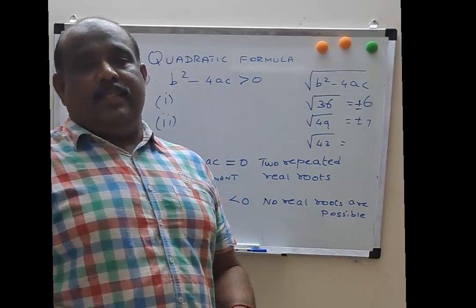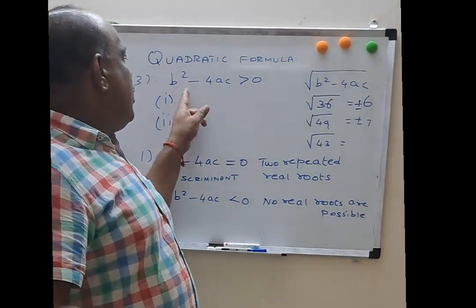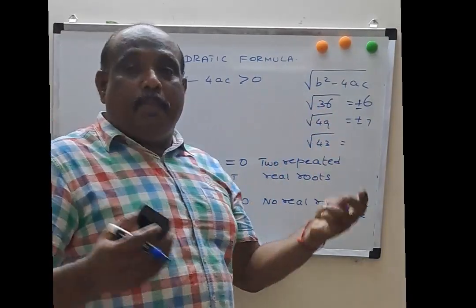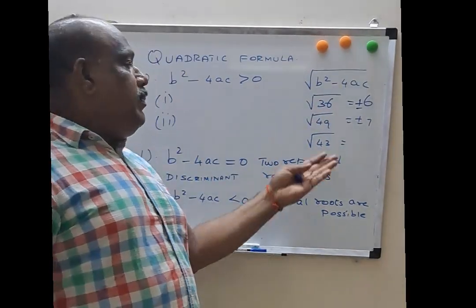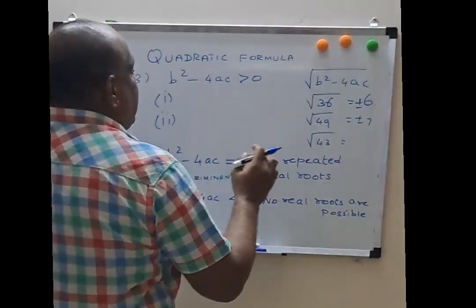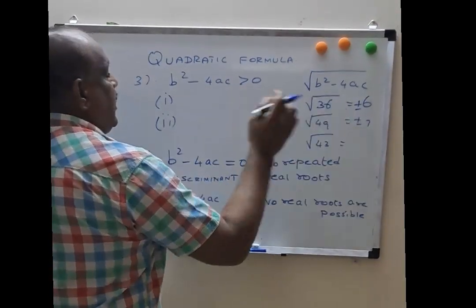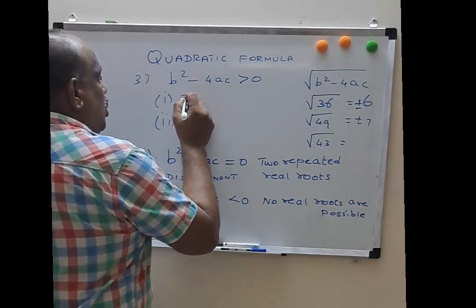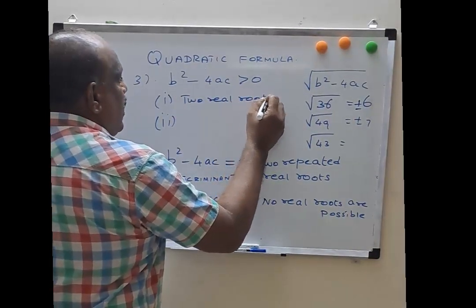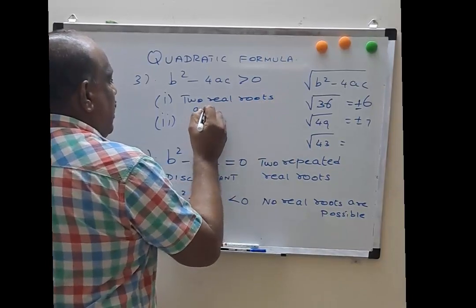So when b squared minus 4ac is greater than 0, this value can be either a perfect square or an imperfect square. If it is a perfect square, then there are two real roots which are rational.